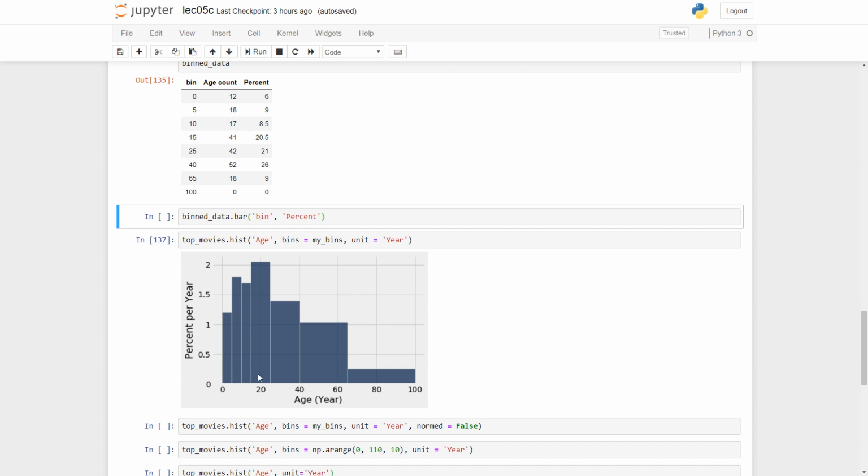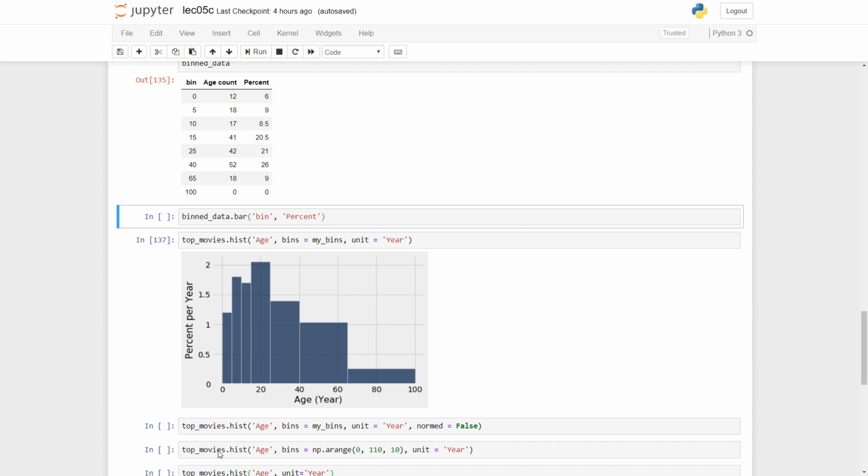So again, the width of the bar is the bin size, and the height of the bar is the percentage per unit. Let's think again about this percentage per unit. What does it mean? It indicates how crowded the bin is, which we call the density of the bin.